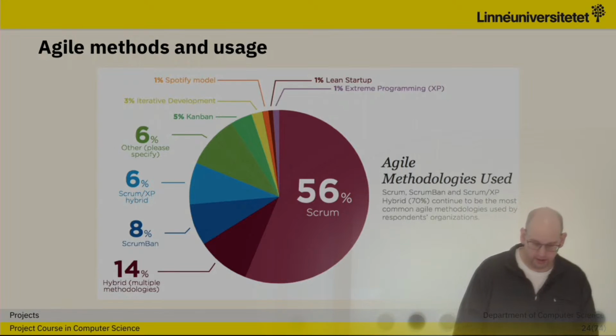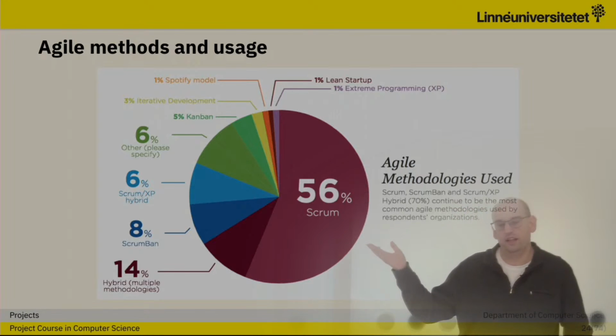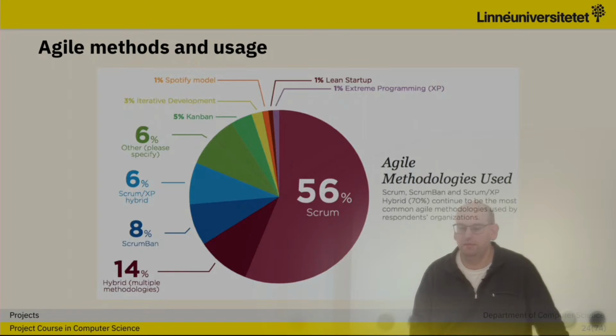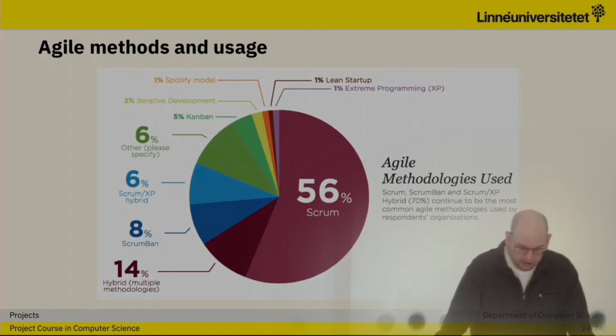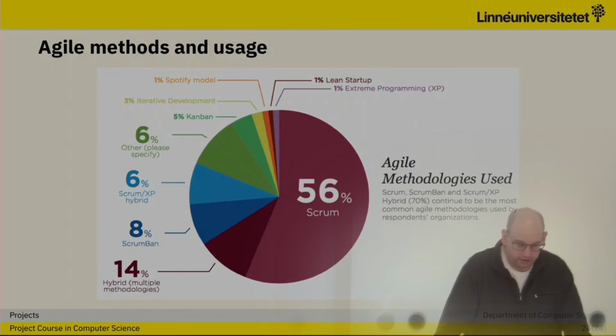And there's been quite a lot of different ways of doing this, and we can see that this, again, fairly old numbers, but I suspect that there are something similar still, with in this case 56% being Scrum, and hybrid being fairly large, because that's just as we have 1% Spotify model over there.